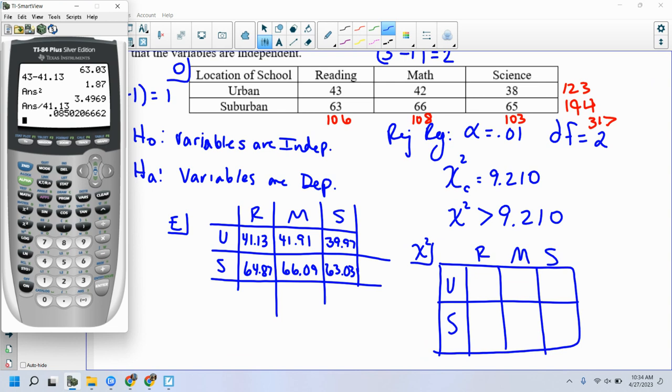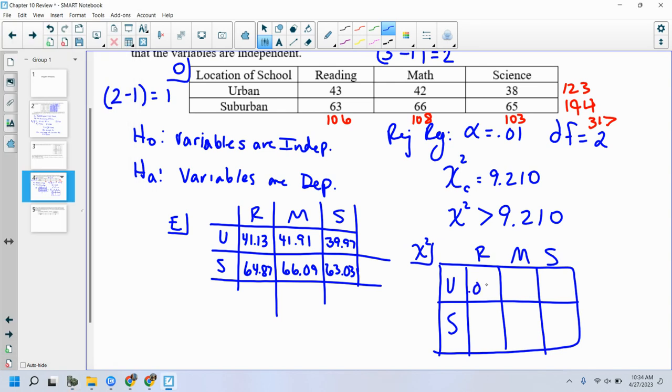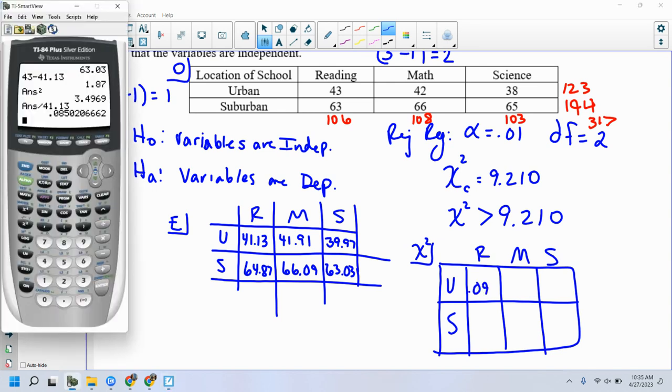Whoa, 0.09. Urban math: 42 minus 41.91. Yeah, O minus E, divided by, squared, don't forget the squared, divided by E.